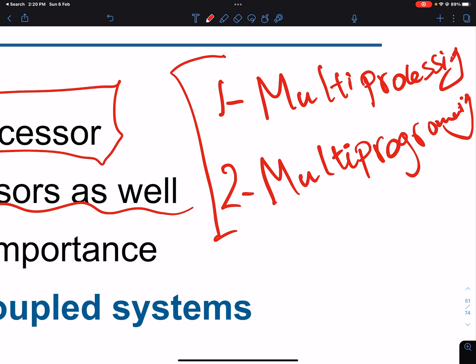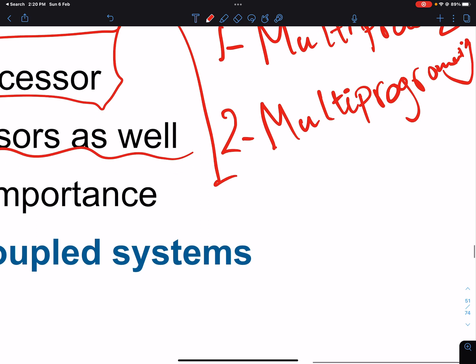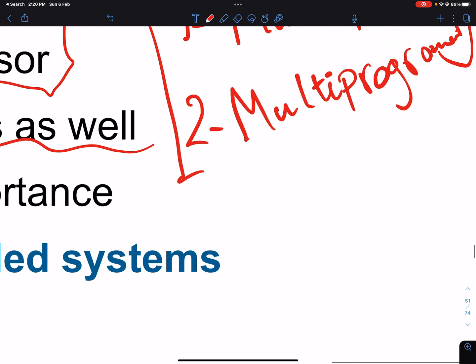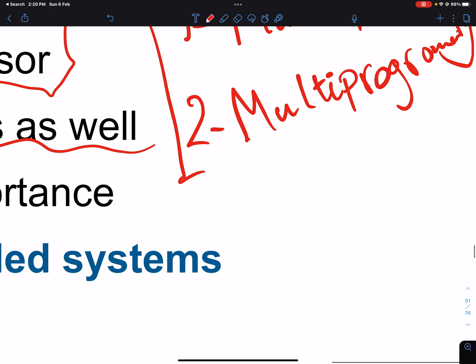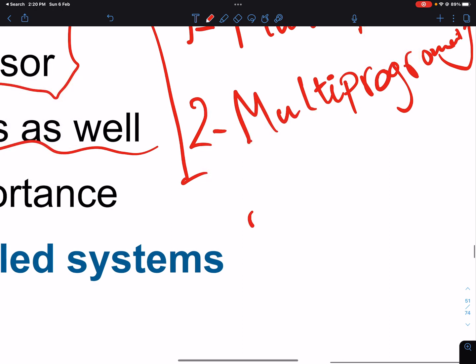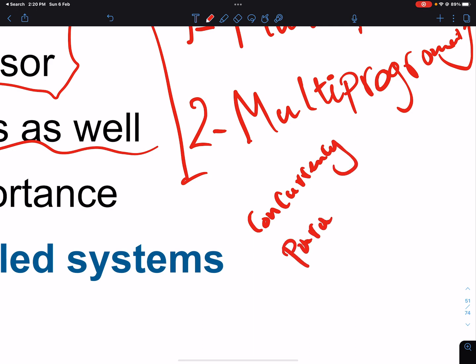To talk about multiprogramming and multiprocessing and the difference between them, I'll first talk about concurrency and parallelism. I know I talked about it before, but I have to remind you. You have concurrency, you have parallelism. What is the difference?